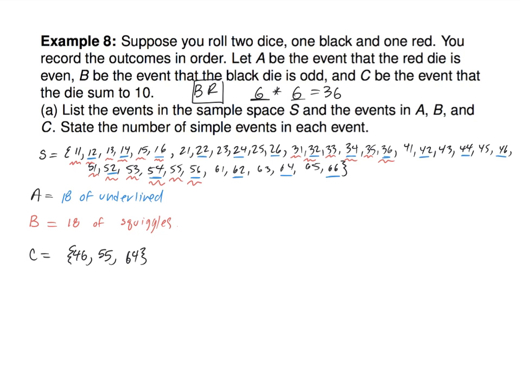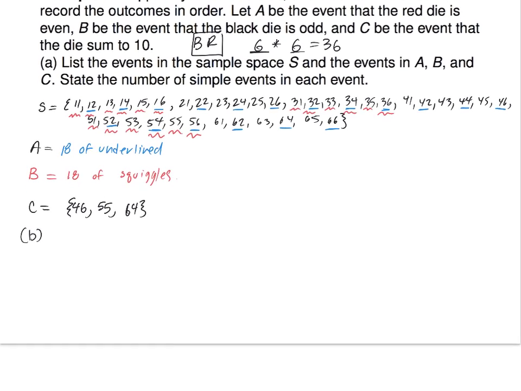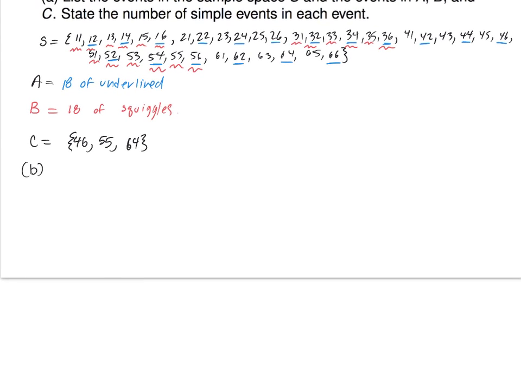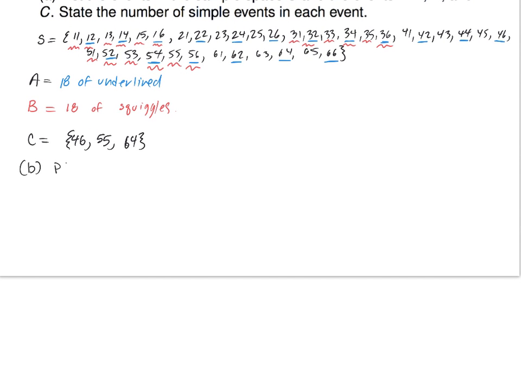Okay. Part B on this question, which is on my next slide, but I want that list there for my next question, asks: find the probability of A and B. So look at that picture. How many things are underlined in red and blue?